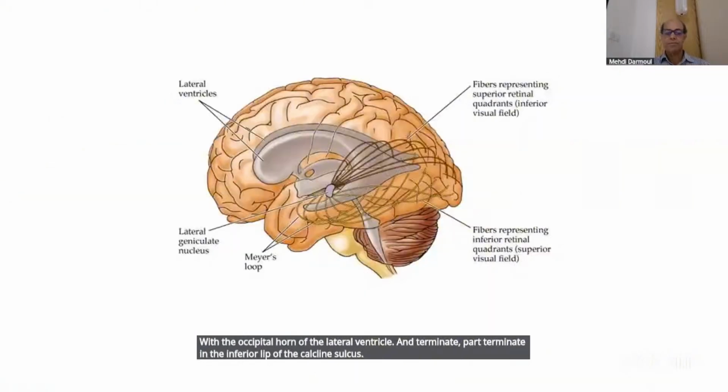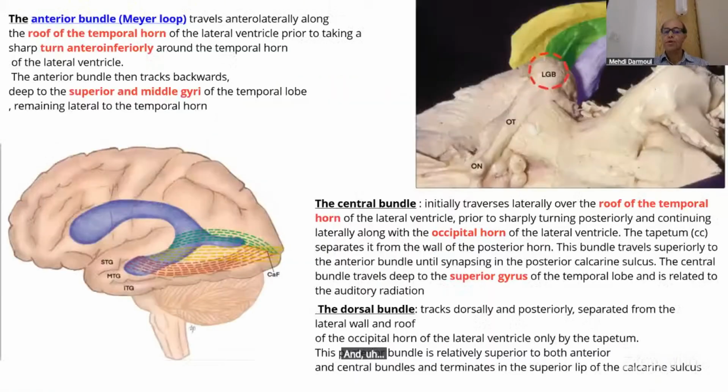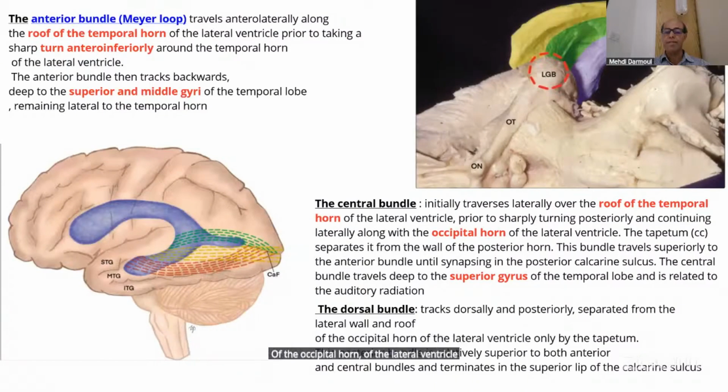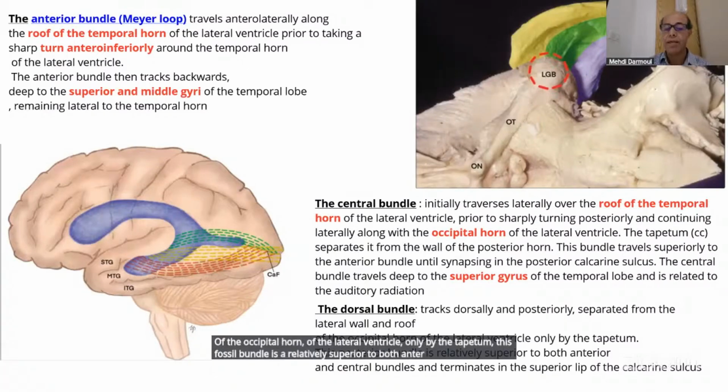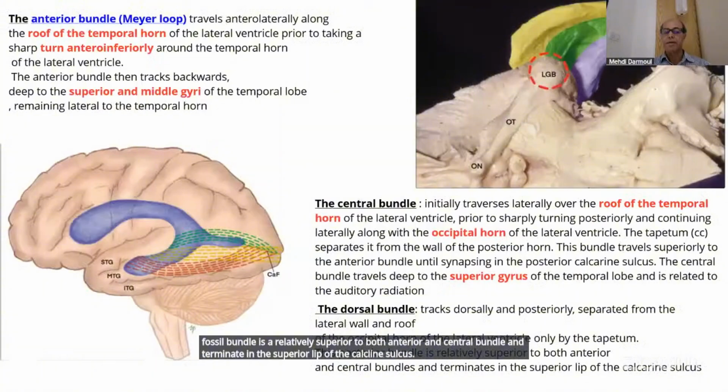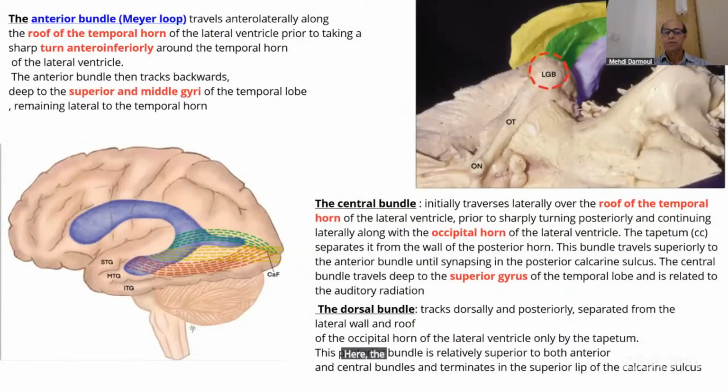And the dorsal bundle tracks dorsally and posteriorly, separated from the lateral wall and roof of the occipital horn of the lateral ventricle only by the tapetum. This posterior bundle is relatively superior to both the anterior and central bundles and terminates in the superior lip of the calcarine sulcus.